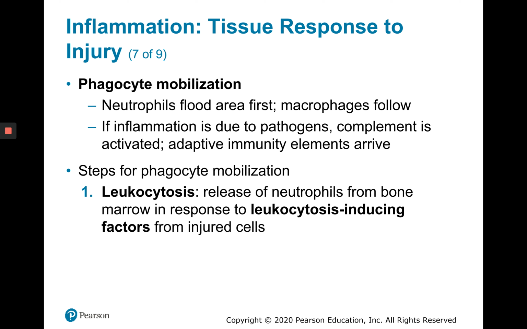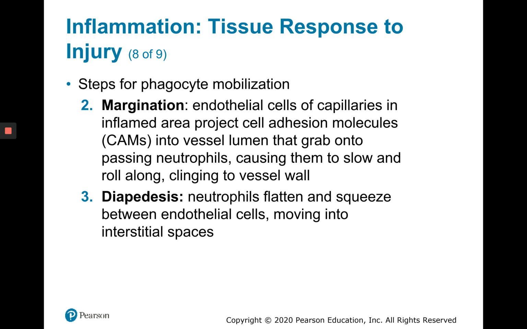The first step of phagocyte mobilization is leukocytosis, wherein the release of neutrophils from bone marrow in response to chemicals from that chemical alarm is going to cause white blood cells to begin to travel to the site of infection, neutrophils first. Part of this mobilization includes the movement of white blood cells to the area of infection. When they get there, they start to slow down because they stick to cell adhesion molecules located on the endothelial cells of capillaries in the inflamed area.